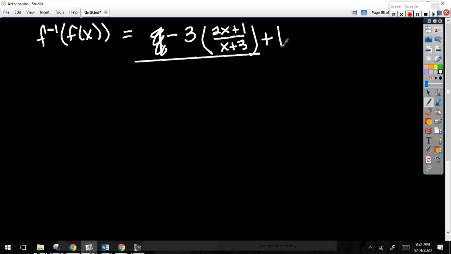I agree. I am going to go ahead and make this x plus 3 over x plus 3. And I'm going to do the same here. All I'm doing is making common denominators here. So as I go through simplifying, it will be easier on me. All right.